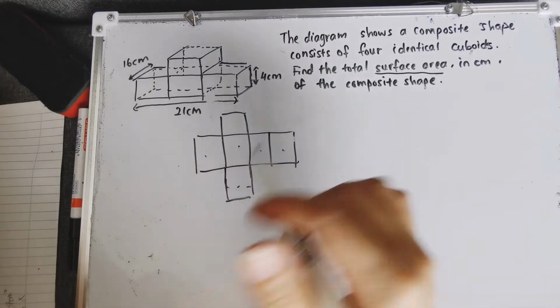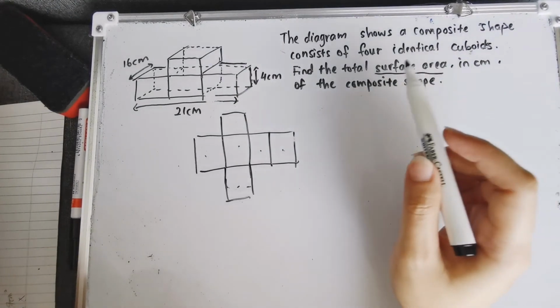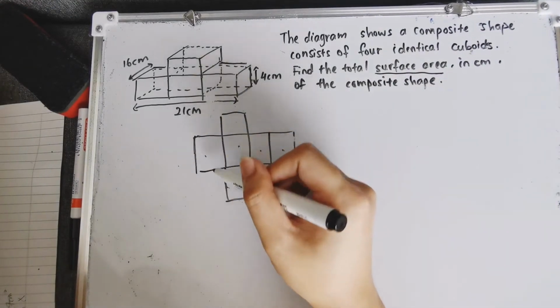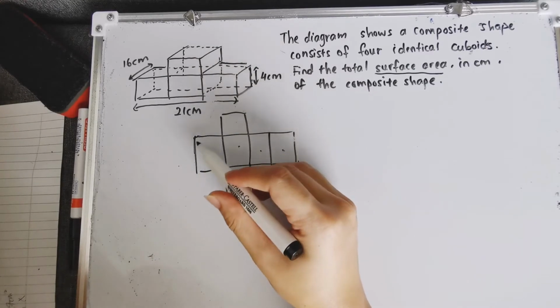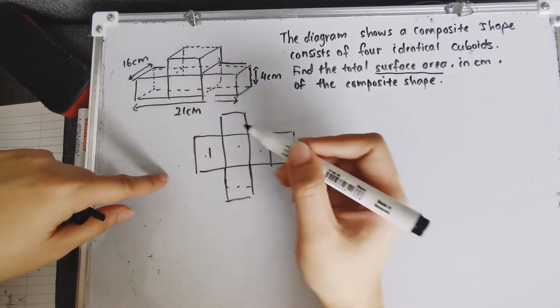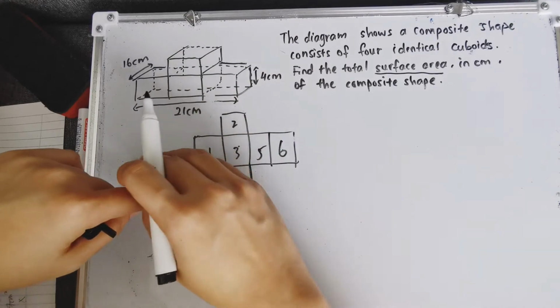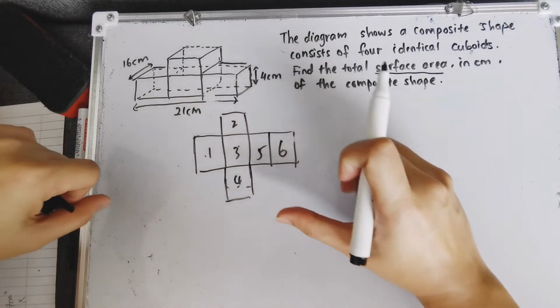You have 6 surfaces. So surface area means that you have to calculate the area of each side. So altogether you have 6 areas to calculate.